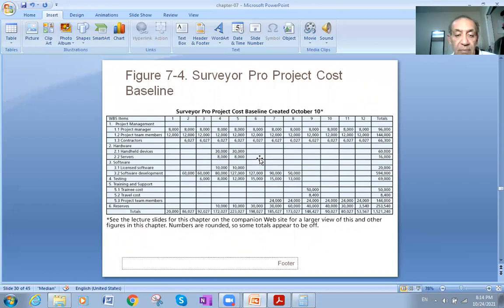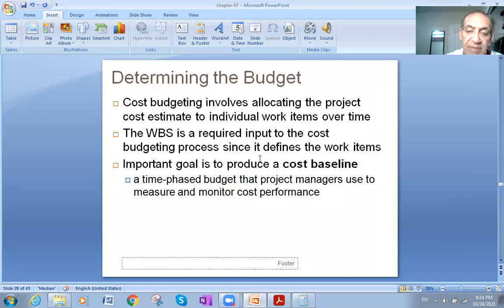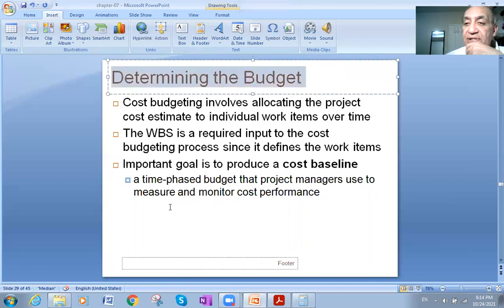Also, we have this figure of how to determine the budget. The budget is not a balance sheet. What is the difference between the budget and the balance sheet? The balance sheet usually talks about past periods, but the budget talks about upcoming periods.